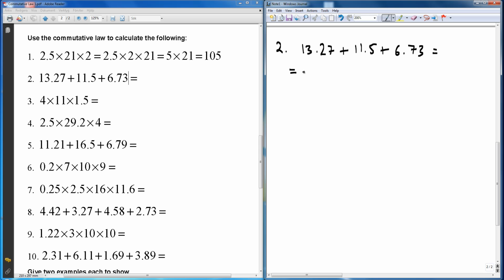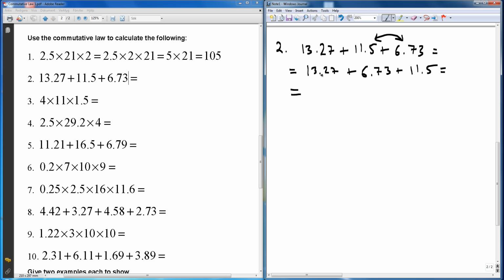Instead of taking 13.27 plus 11.5, we change the order. We change the order on these two. So 13.27 plus, we move this one over here, 6.73, plus 11.5.